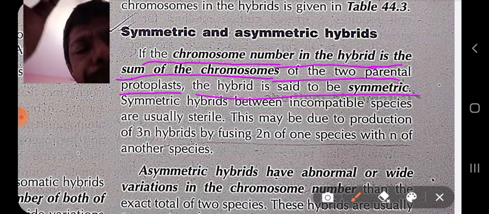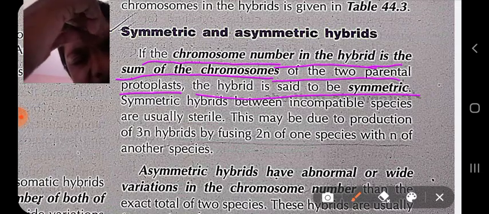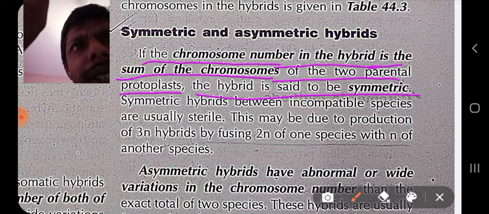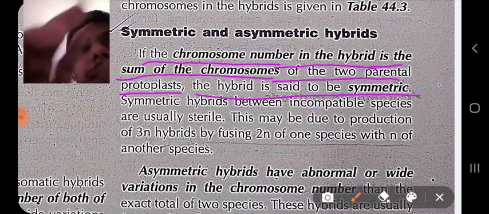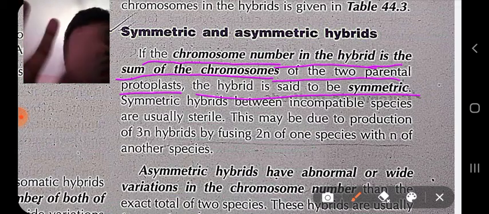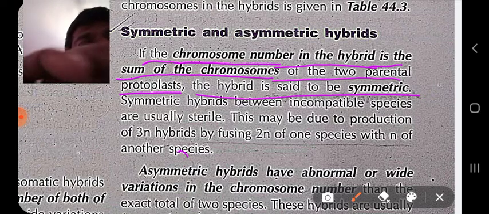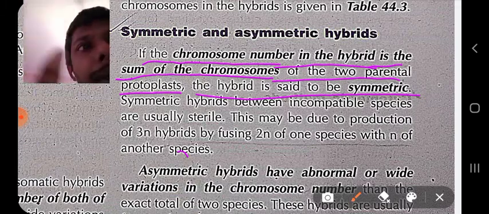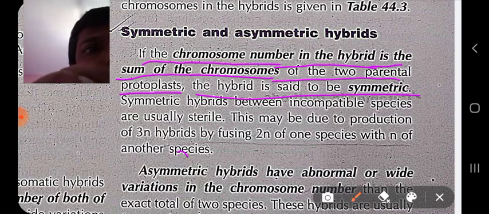Suppose some plant species have a diploid number of 24, that means haploid number is 12. Then another species from which we want to fuse the protoplast has a chromosome number of 24 also, so their haploid number is 12. So when they fuse we get a symmetric hybrid.